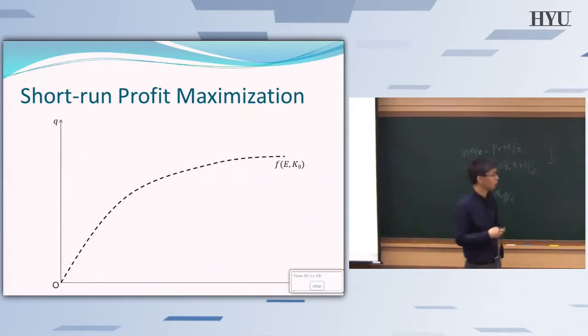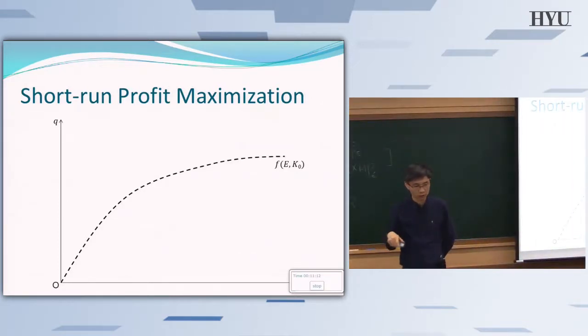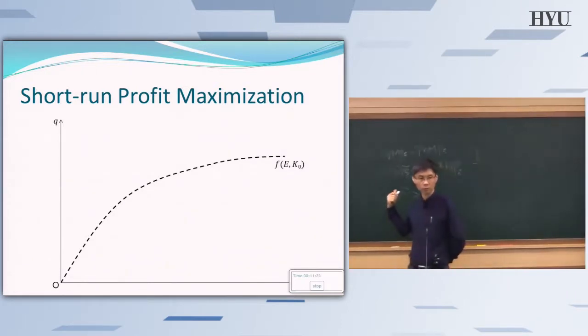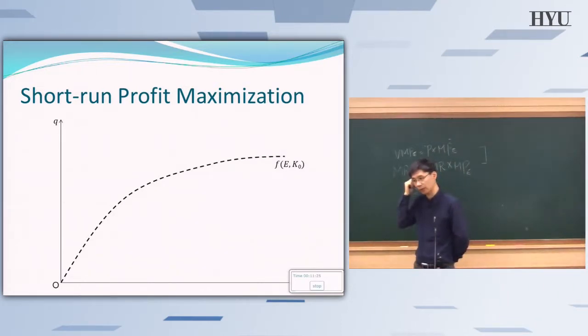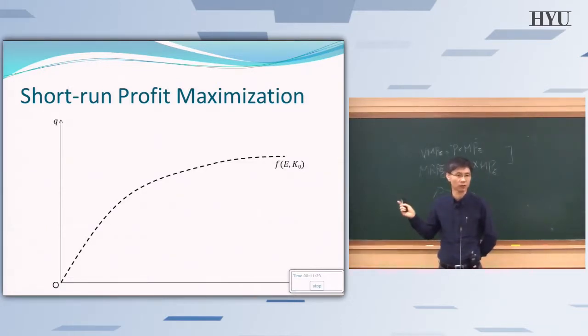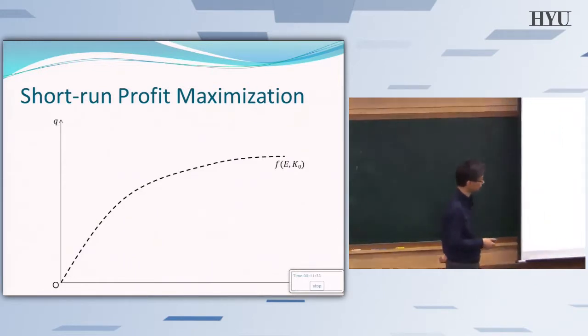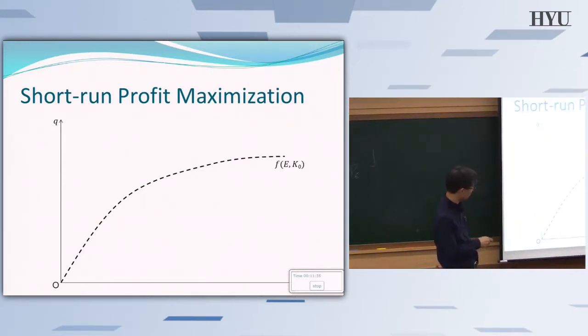Total revenue is P times Q. Since the market is perfectly competitive, we assume that P doesn't change. P is fixed for this individual firm. We are talking about an individual firm's profit maximization. Let's say P is $10 a piece. So the total revenue is basically P times this Q.